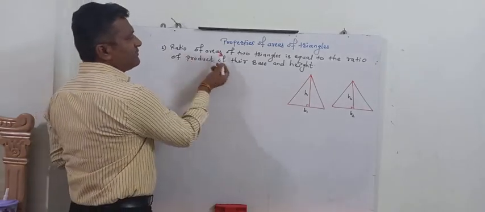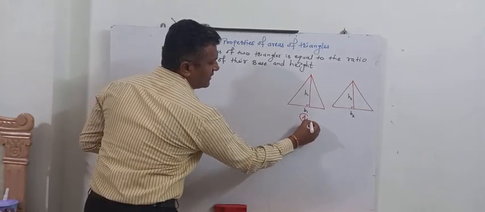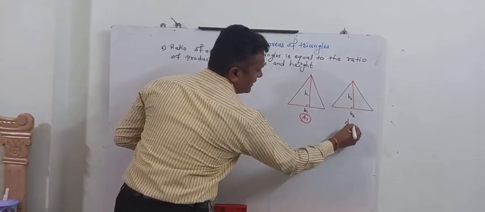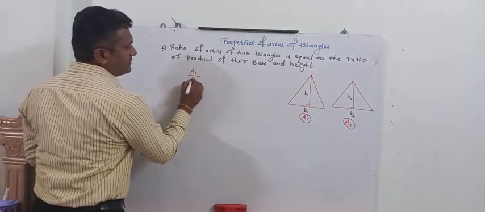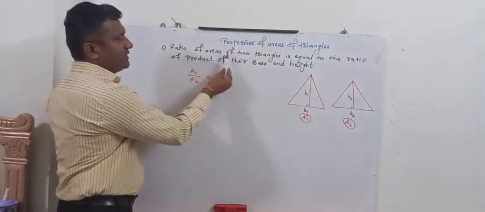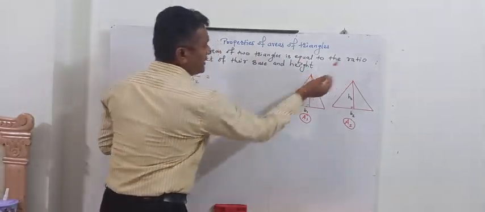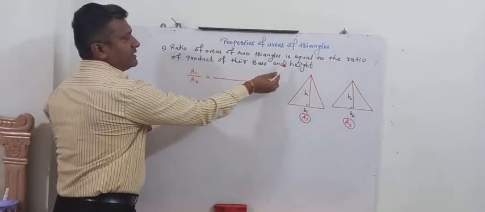Look at here. Ratio of areas of two triangles. Suppose the first triangle has area A1 and the second triangle has area A2. So the ratio of areas of two triangles, that is A1 by A2, is equal to the ratio of the product of their base and height.